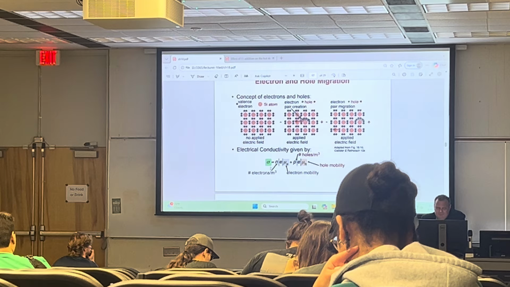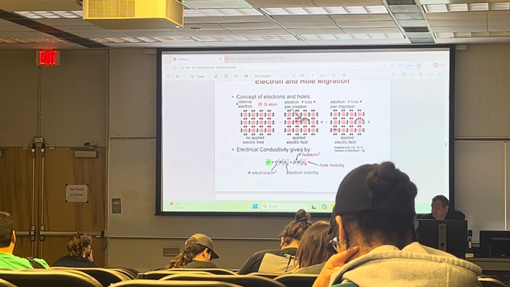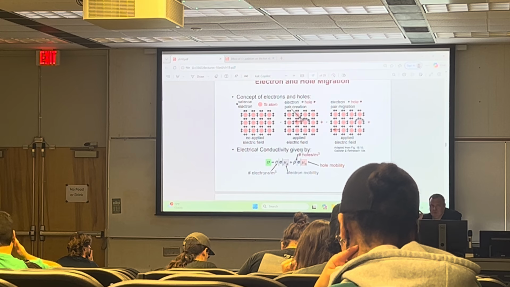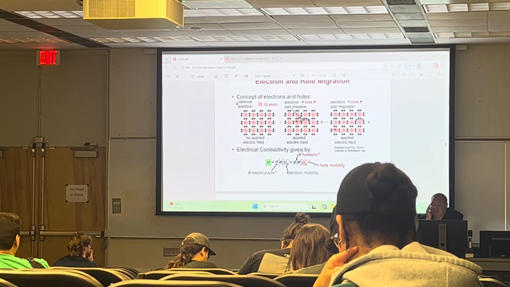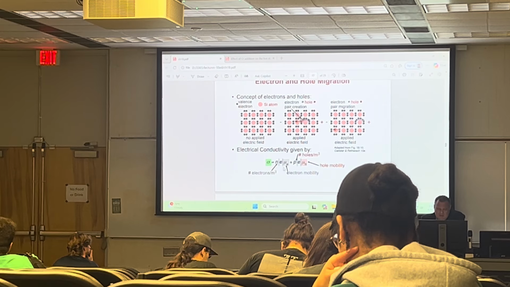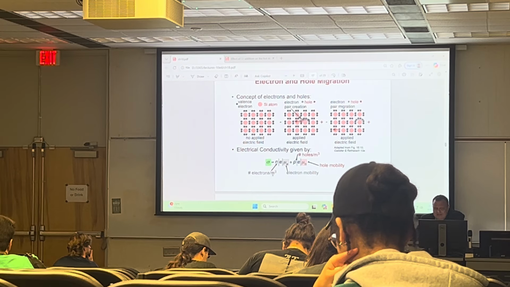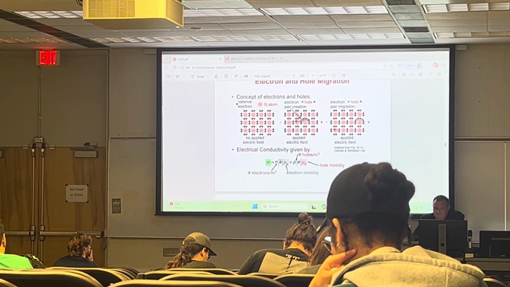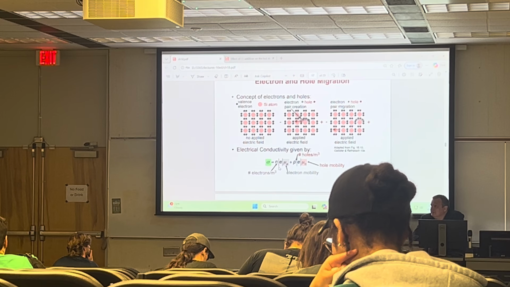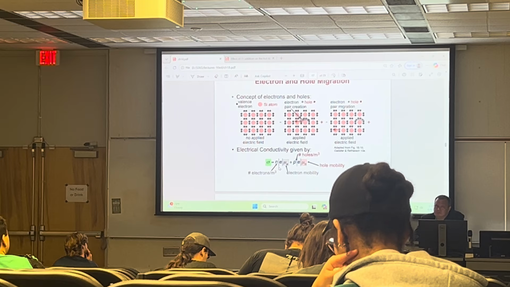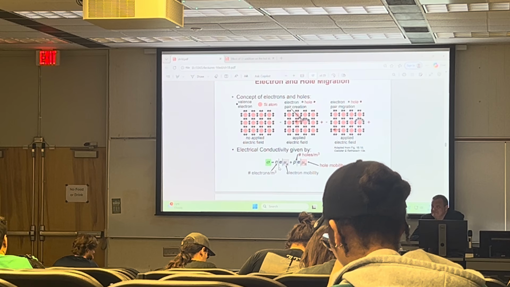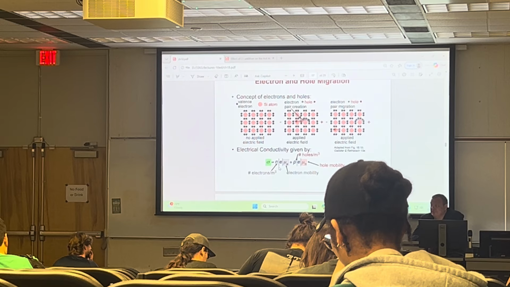As a result, the electrical conductivity has two carriers contributing to the charge transport. One is the electron. So this n is the number of electrons per cubic meter, the concentration of electrons. What is e, given like this? The charge of an electron.